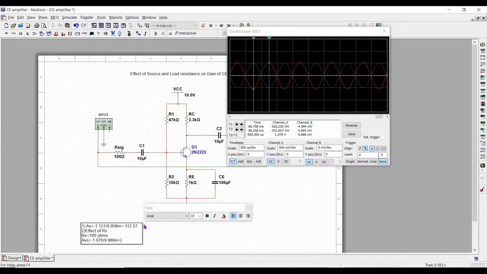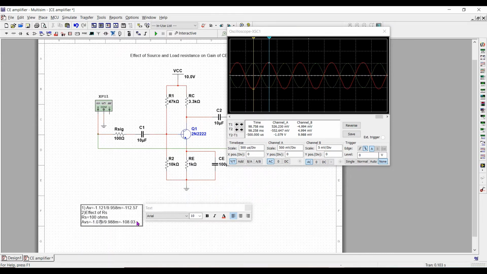This comes out to be minus 108.03. So when RS is equal to 100 ohms, the gain is minus 108.03.